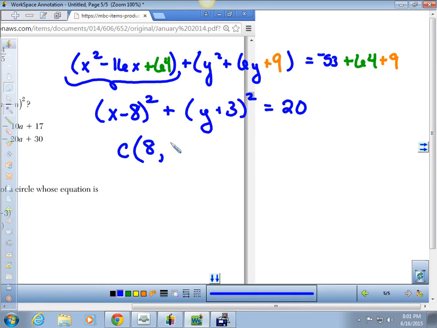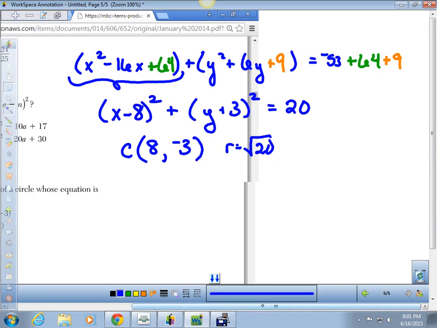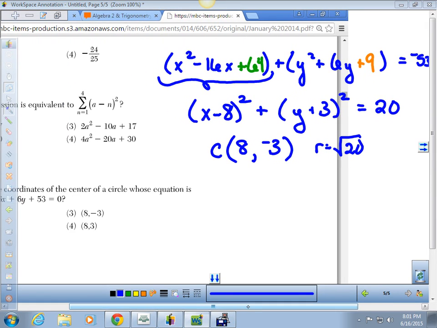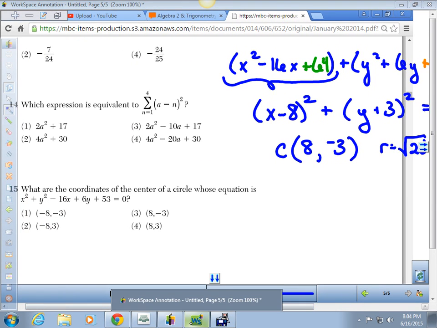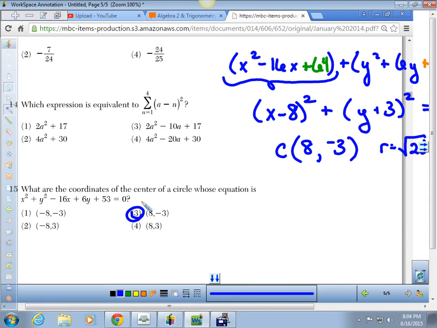So what is the center of this circle? Positive 8, negative 3, and what is the radius going to be? Radical 20, because this represents the radius squared. X minus h squared plus y minus k squared equals r squared. So we have a center of what? 8, negative 3, choice 3, 8, negative 3.